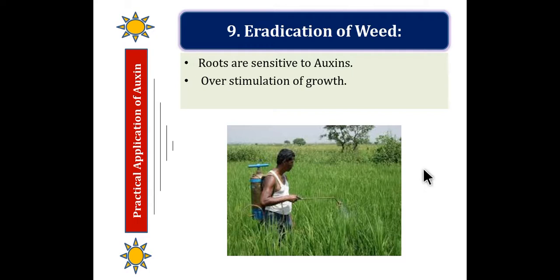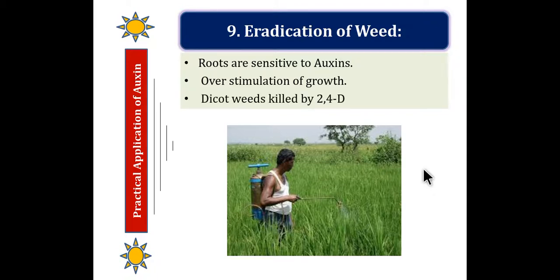If a higher concentration solution of auxin is sprayed near the root system, overstimulation of growth takes place, which distorts the roots, and finally weeds are killed. So this application is practically used by many farmers. The above property is used in agriculture to destroy various harmful weeds. Many dicot weeds are killed by application of synthetic auxins like 2,4-D and 2,4,5-T.